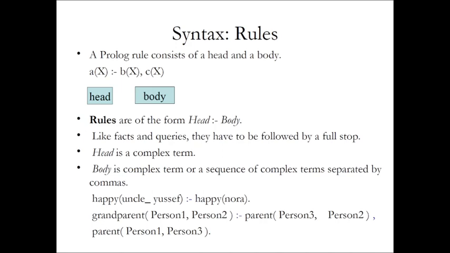Like facts and queries, they are followed by a full stop. The head is a complex term, and the body is a complex term or a sequence of complex terms separated by commas. For example, happy(uncle_Yusuf) :- happy(Nora), or you can see different examples of these rules.